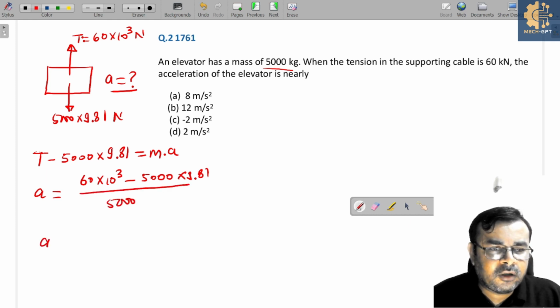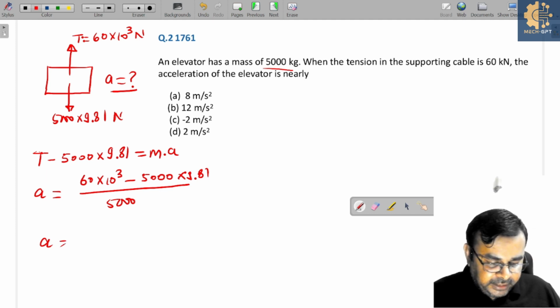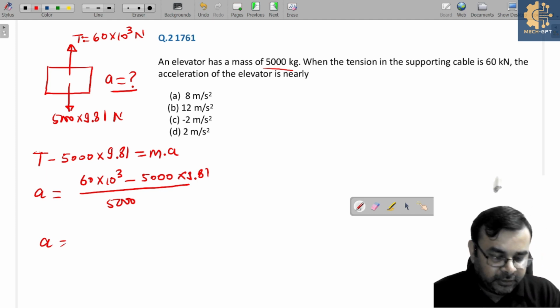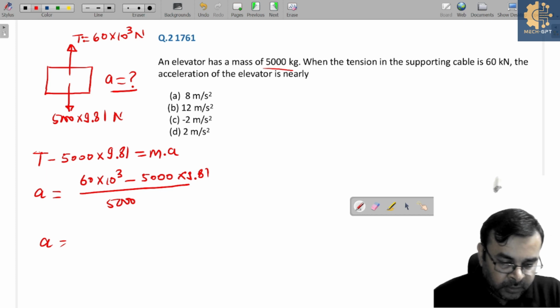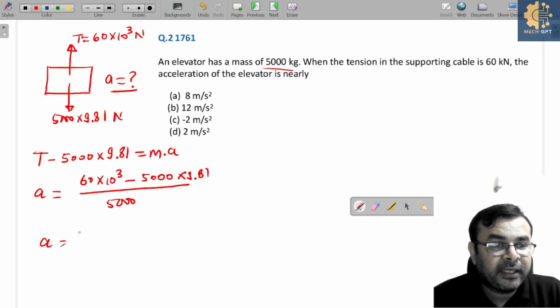So when you solve this expression, I am directly writing, so don't worry. 60,000 minus 5,000 into 9.81 over 5,000. So here we can get 2.19 meter per second square.